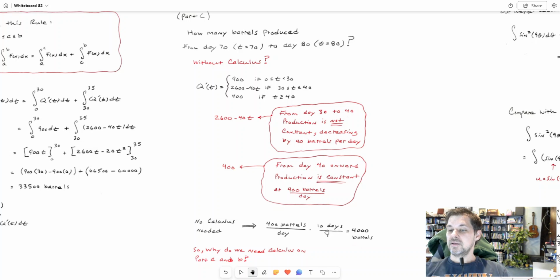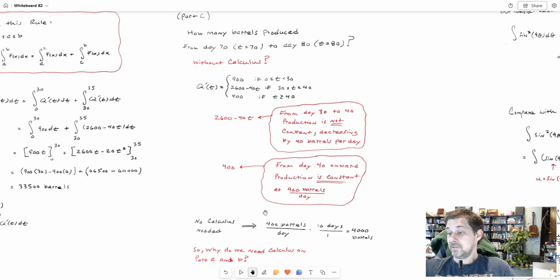So it's kind of like distance is rate times time if the rate is constant. If I go 60 miles an hour, constant rate for 2 hours, well, 60 miles per hour times 2 hours, that's 120 miles.